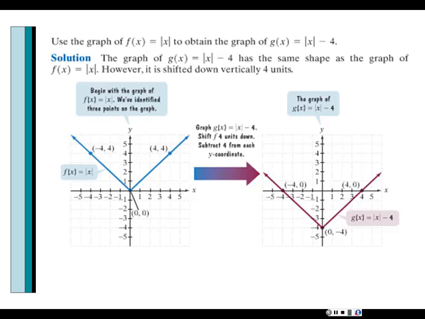For example, if this is absolute x, and you subtract 4 here, your graph should be vertically shifted downward, right? Because you subtracted 4. Look at the equation: absolute x minus 4, and you just shifted the graph 4 units down.